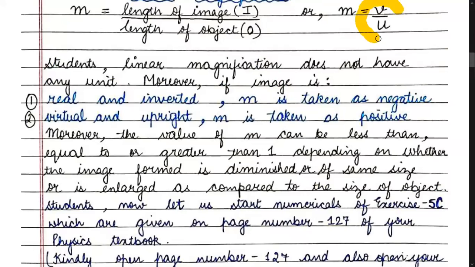Since it is a ratio of the same quantities, linear magnification does not have any unit.